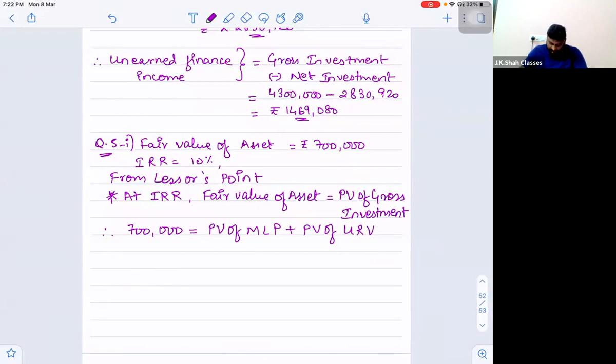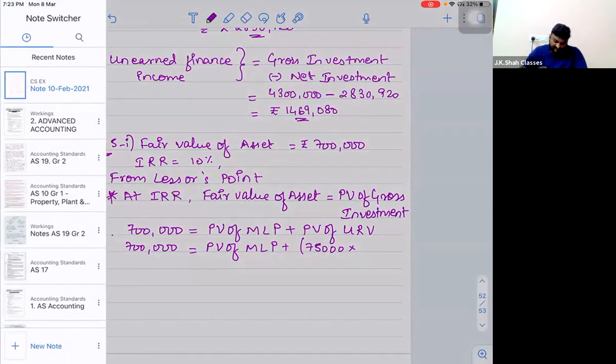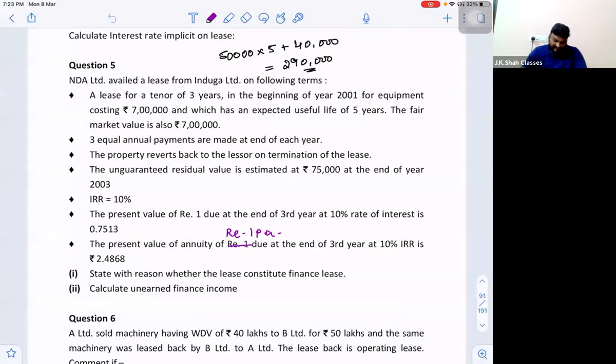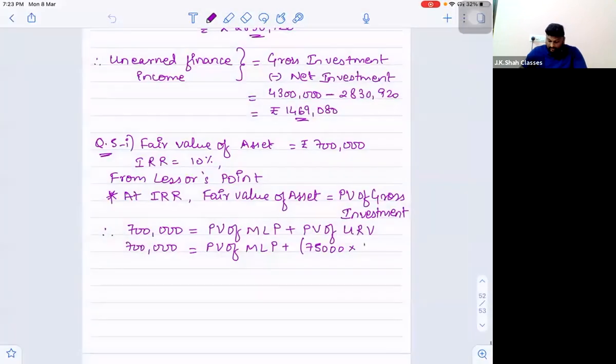Then I'll further say 7 lakh is equal to PV of MLP plus. Now, what is PV of URV? Sir, URV is 75,000. That is the future value. So just multiply it with the discounting factor given in the question for the third year, that is 0.7513. So multiplied by 0.7513.